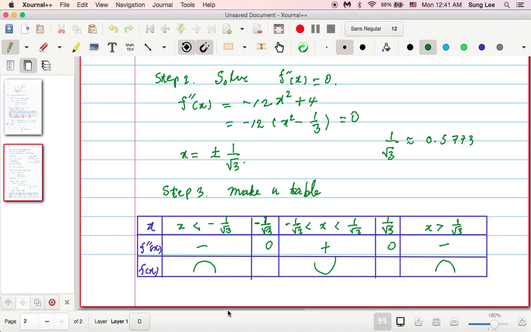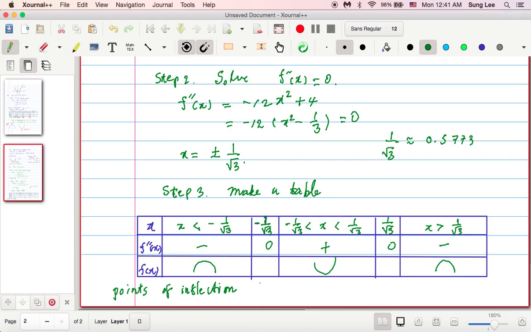Okay, so let us write down the points of inflection first. Points of inflection.